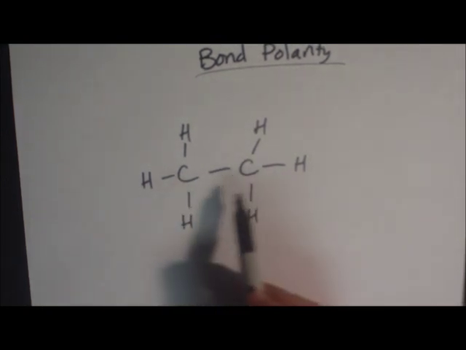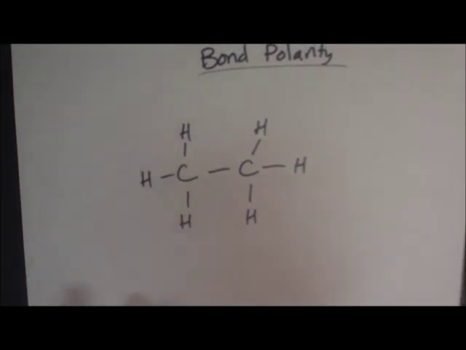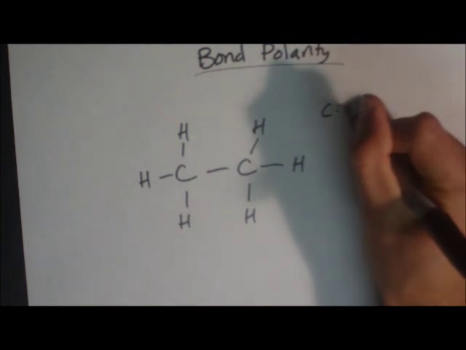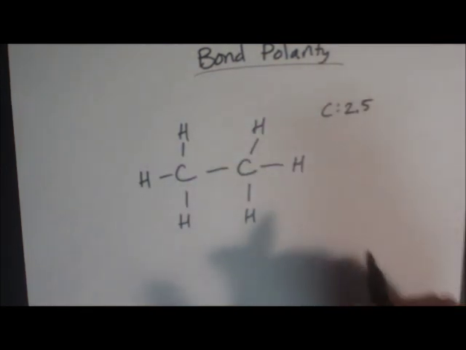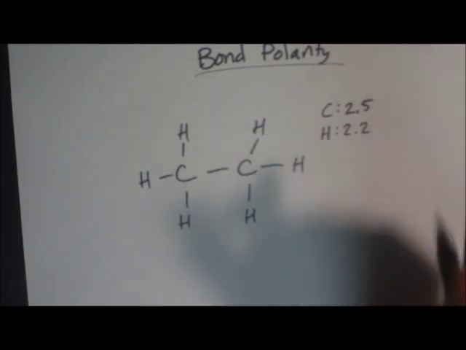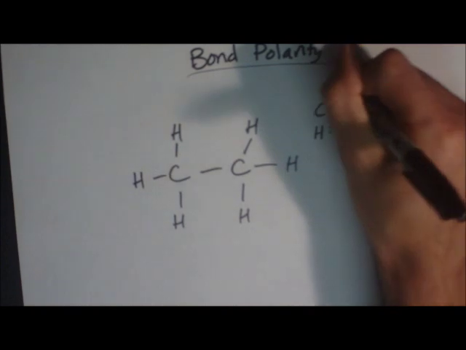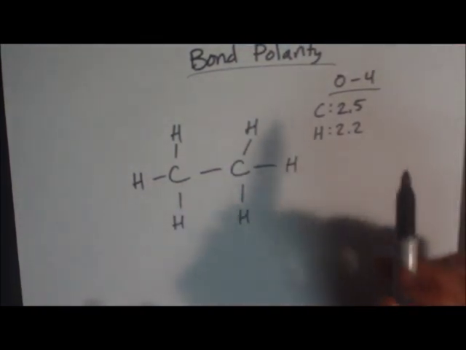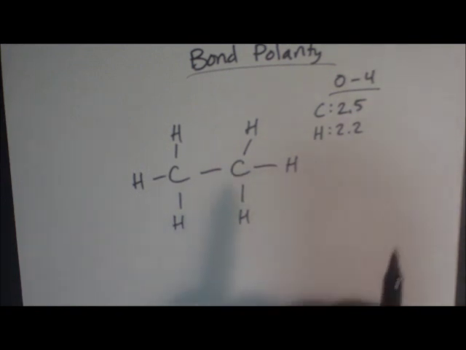Now, this is going to be a very non-polar molecule. Why do I say that? Well, the electronegativity of carbon is going to be about 2.5, and the electronegativity of hydrogen is going to be 2.2. Now, the values range from 0 to 4, very arbitrary, fluorine being the most electronegative.